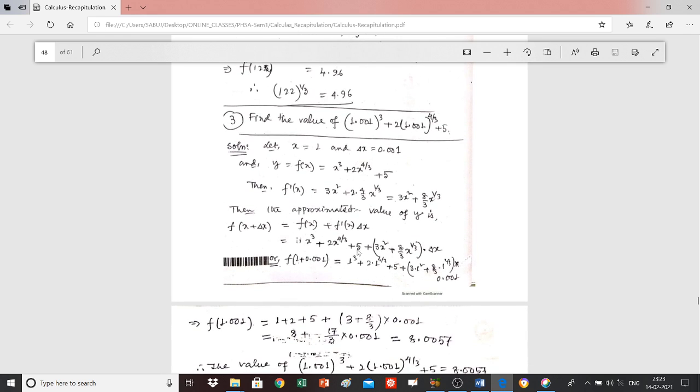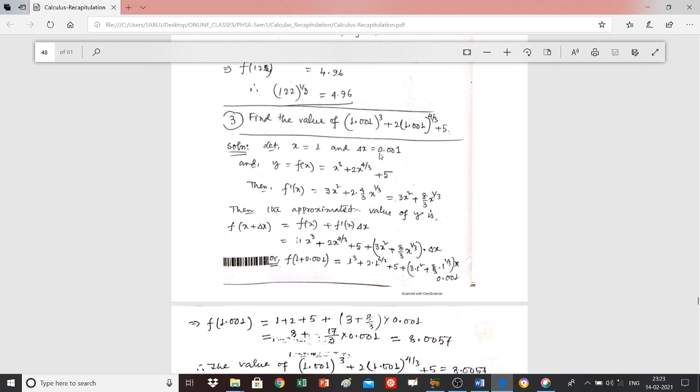Another example: find the value of (1.001)^3 + 2(1.001)^(4/3) + 5. If you take x as 1, then Δx should be 0.001.